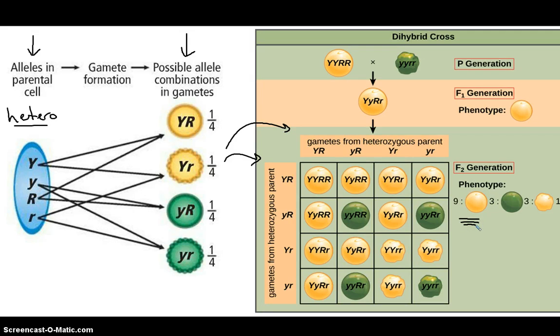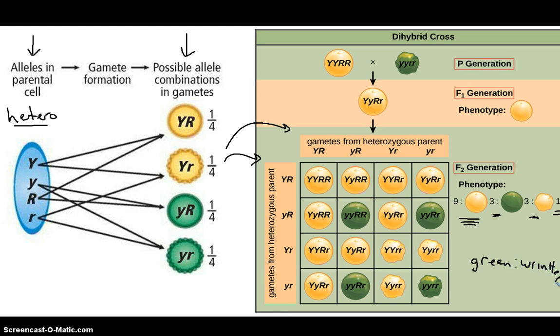There will be 3 individuals that are round, which is dominant, but they're green, which is recessive. There will be 3 individuals that are yellow, which is dominant, but wrinkled, which is recessive. And there will only be 1, and it got cut off there, that would be green and wrinkled, the double recessive.